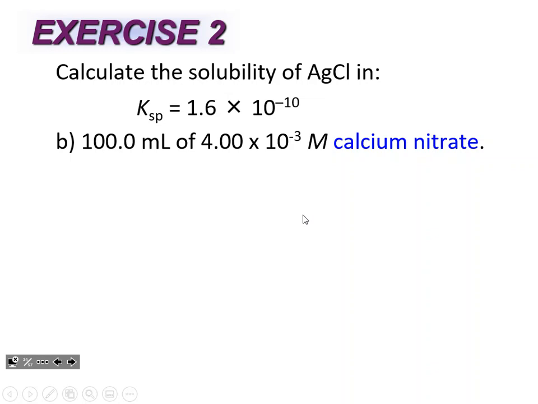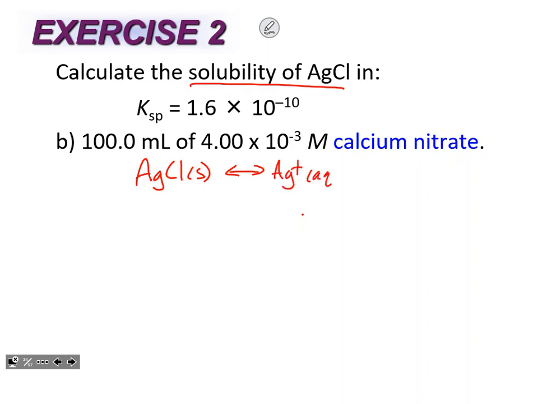Well, before I even set up a RICE table, what should I have? Should have the reaction, right? Have the equation. So I'm going to start there. I'm looking for the solubility here. AgCl is going to give us Ag ions and chloride ions.